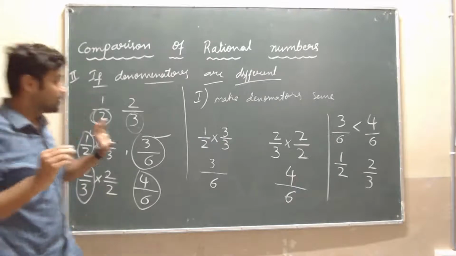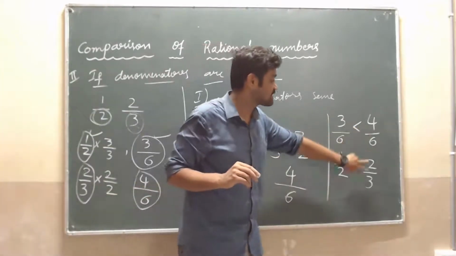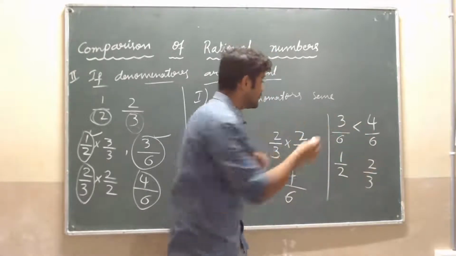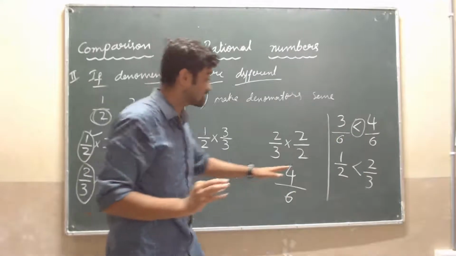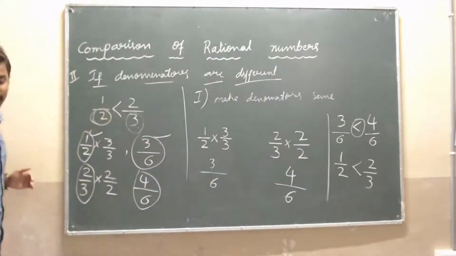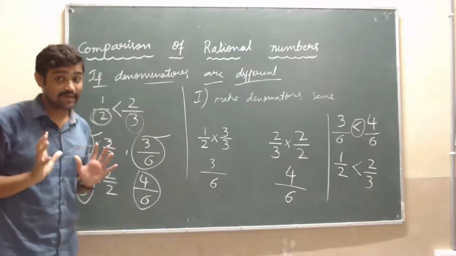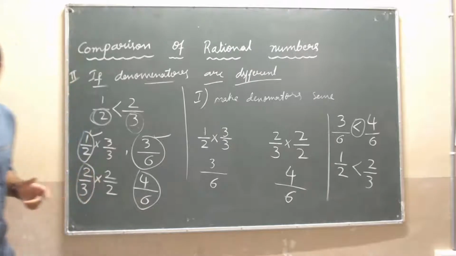Write it below that. Then easily we can substitute the symbol. Then we can say that 1 by 2 is smaller than 2 by 3. Did you understand? One more example I will explain you.